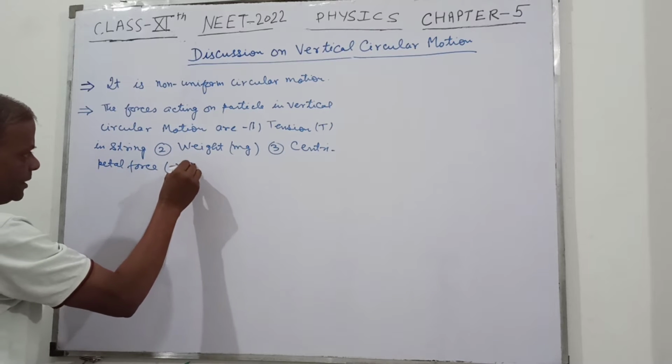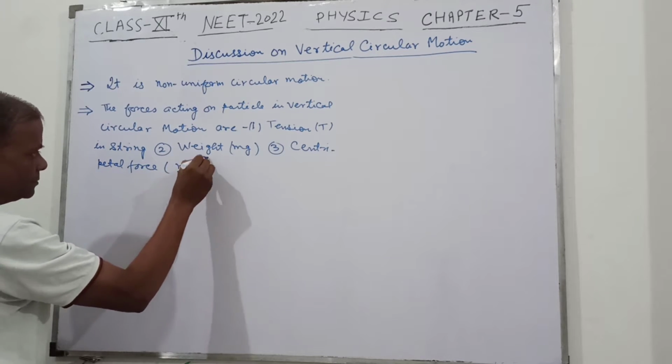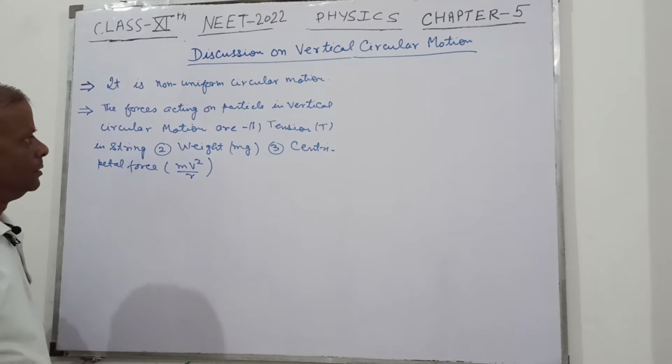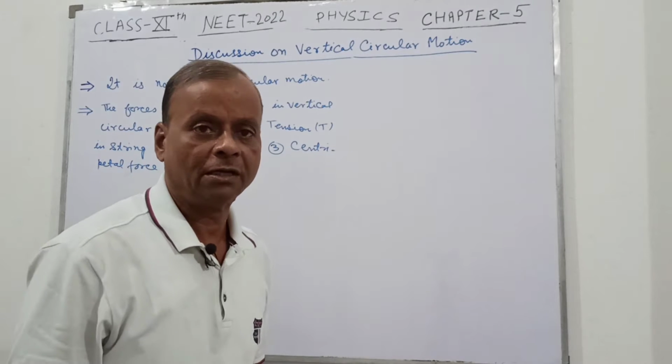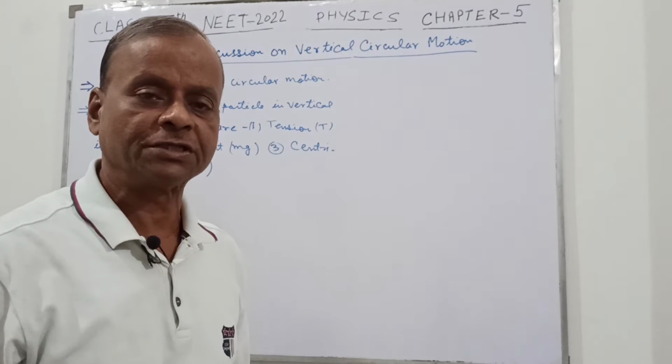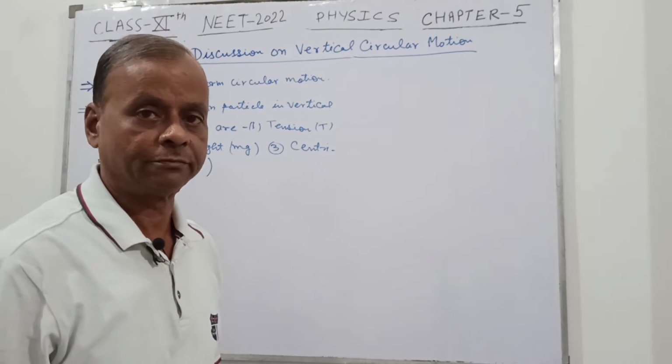This is mv square upon r. The centripetal force is always directed towards the center of the circular motion.